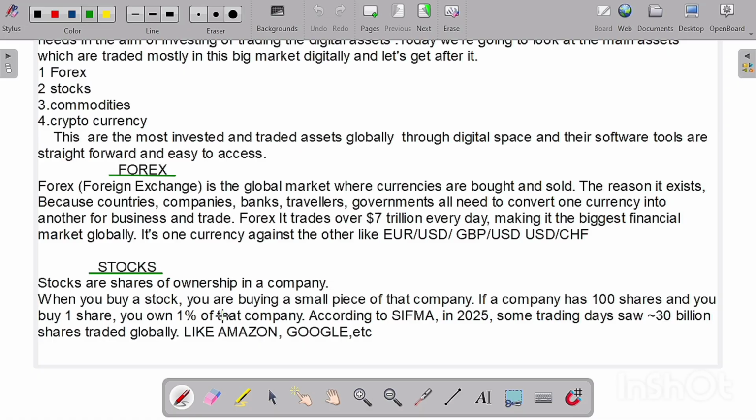These small parts of the company are traded in the global financial market digitally. You could buy them and own them legally. We'll go deeper on each asset on how we are going to engage with them. So let's go to the next asset, which is commodities.